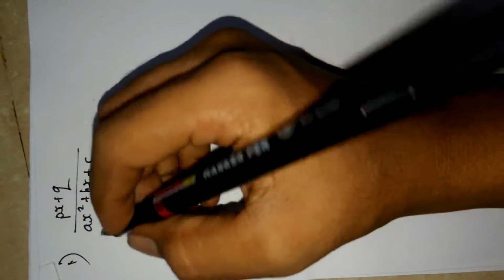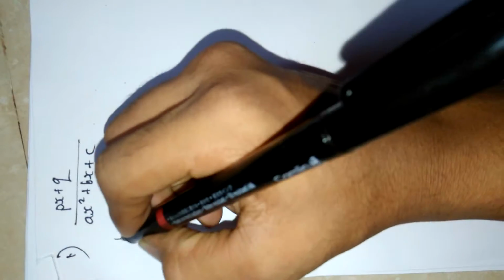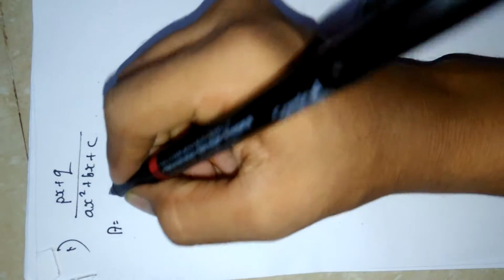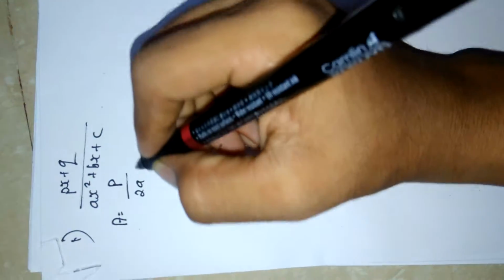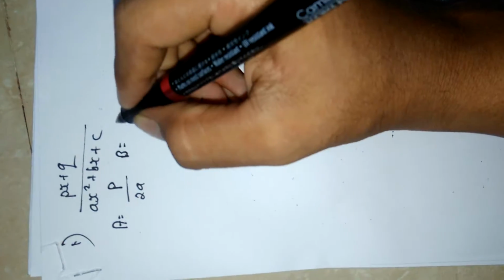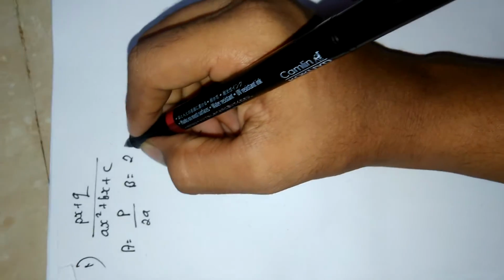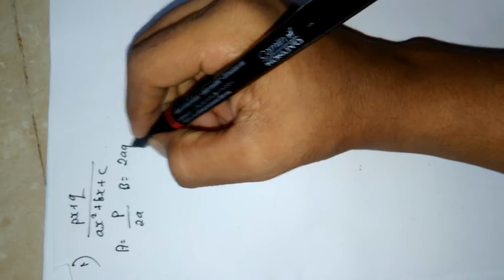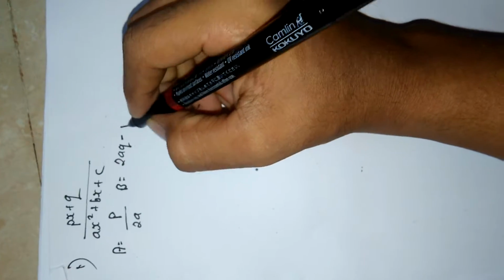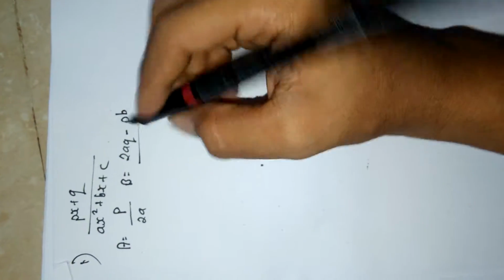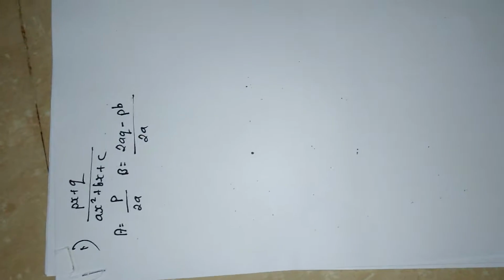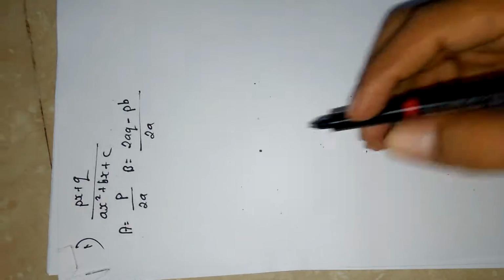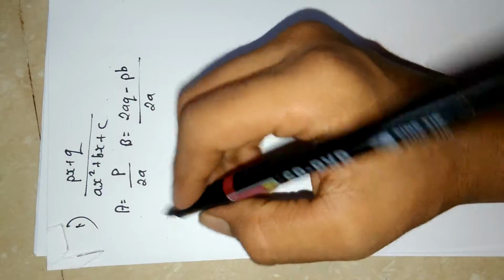So guys, I have a shortcut trick for that also. First we have to find the value of a, which is our step number 1. The value of a would be p upon 2a, and the value of b would be 2 into a into q minus pb upon 2a.